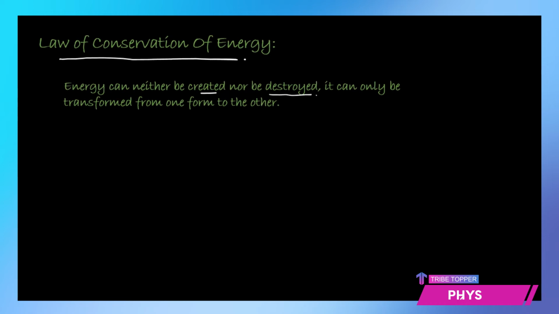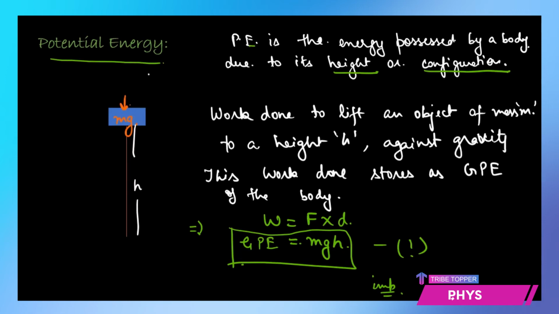So if I go back to this block, which is lying here at a height h, it has a gravitational potential energy at the top, which is mgh. The moment this box falls down and reaches the bottom, it hits the ground with the velocity v. It has lost all its height. So potential energy is 0 now, and it has gained a kinetic energy equal to half mv square.